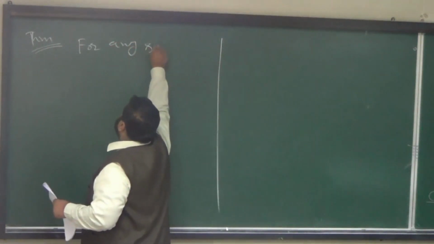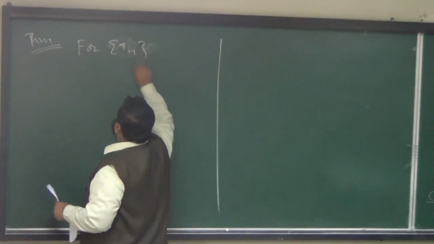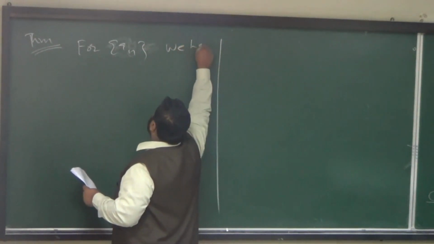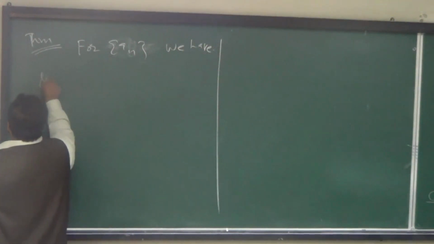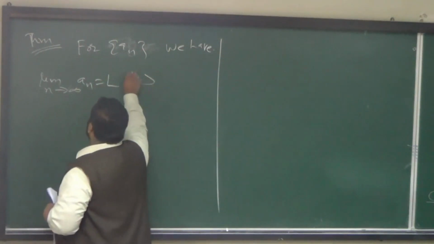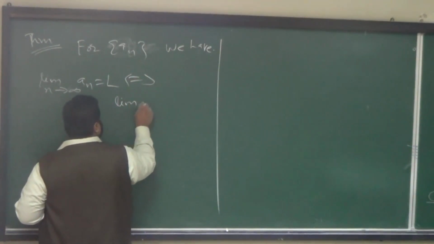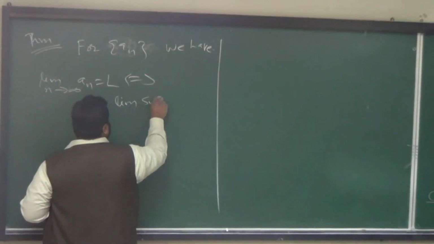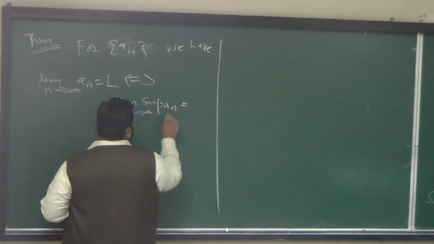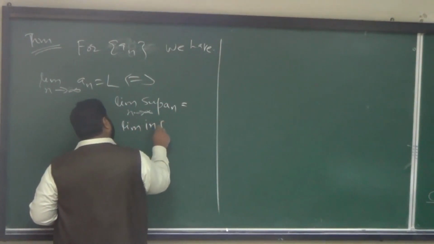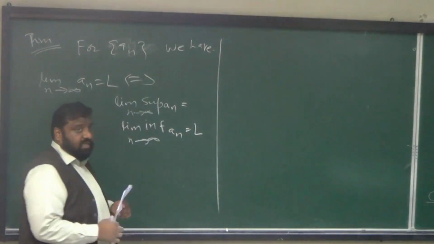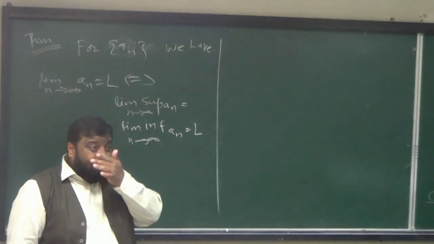So for any sequence a_n, we have that the limit as n goes to infinity of a_n is L if and only if the lim sup as n goes to infinity of a_n is equal to the lim inf as n goes to infinity of a_n, and that is equal to L.